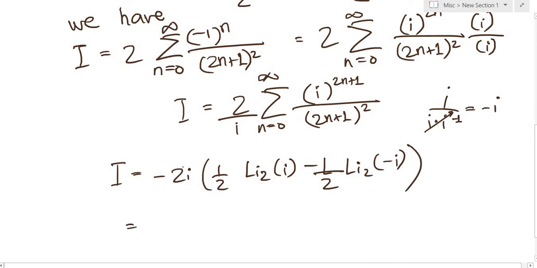We can cancel out these 2's, and by virtue of this negative we can flip the order of these terms. So we have i times the dilogarithm of negative i minus i times the dilog of i.